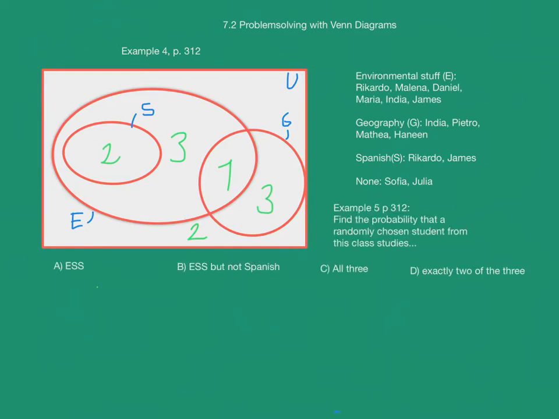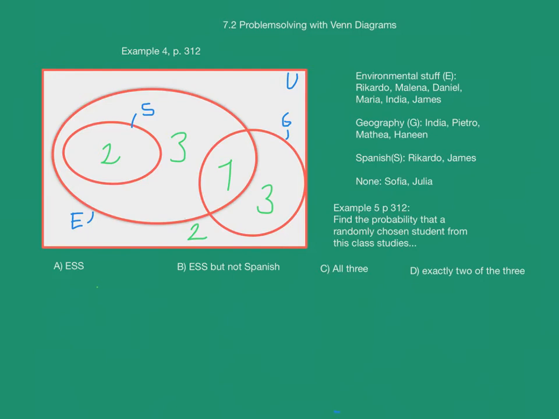So we'll start with the first question. Find the probability that a randomly chosen student from this class studies ESS. And we'll look at the total number of students.